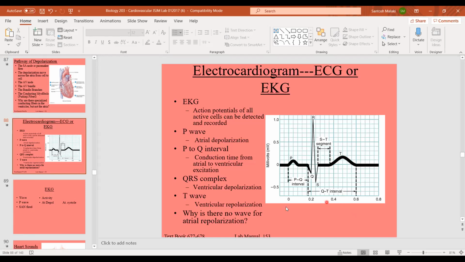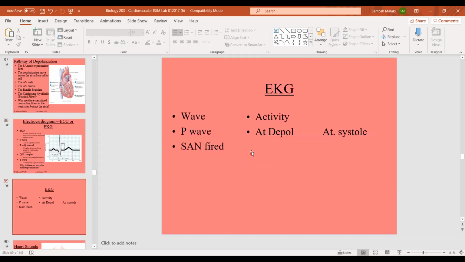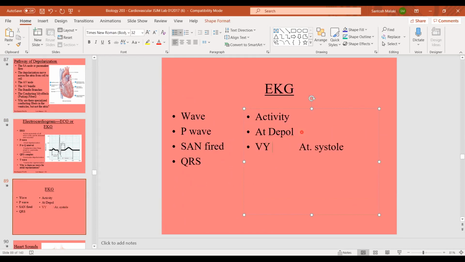So the QRS is the period during which the ventricle is depolarizing, and it corresponds to the activity and the event. So let's go to the next label. So label this. So when you see QRS, what does it tell you? The QRS denotes, this is not allowing me to type, denotes ventricular depolarization.